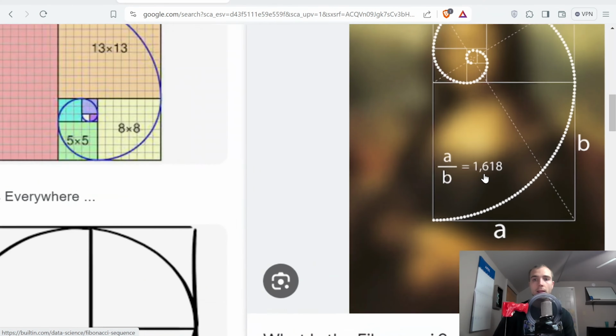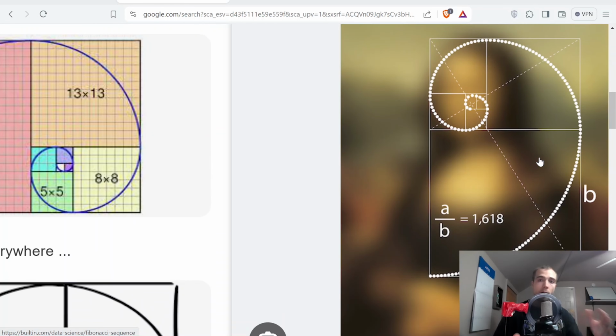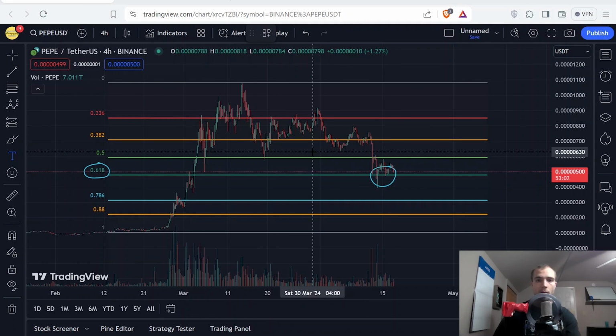And the 1.618 is the Fibonacci ratio that we use for our targets. But also the .618 is the Fibonacci ratio we use for finding buy zones. So that .618 level is extremely powerful, and a lot of times it's called the golden pocket.